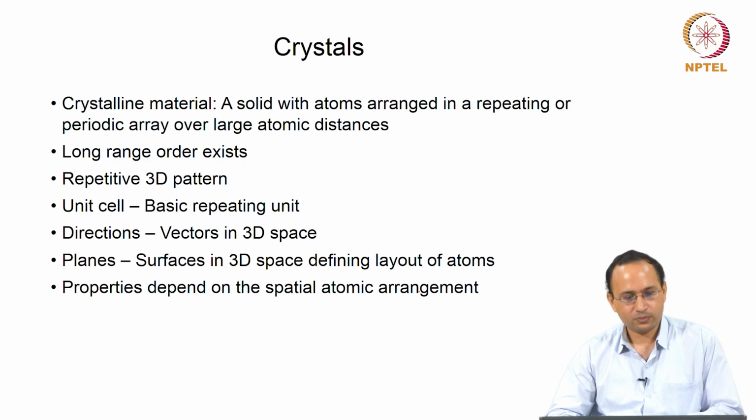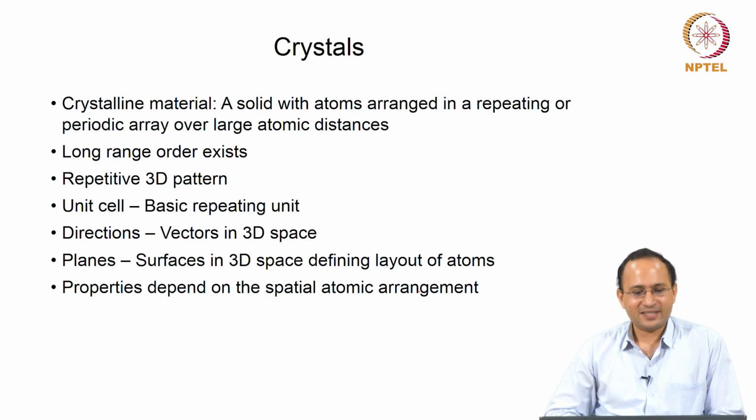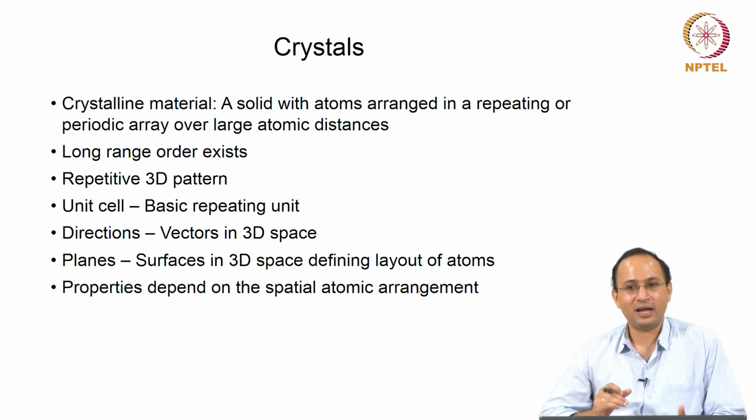That is the goal. A crystalline material is a solid with atoms arranged in a repeating or periodic array over large atomic distances. It has long range order, a periodic arrangement. It is a repetitive 3D pattern, in all 3 dimensions there is a repetition.